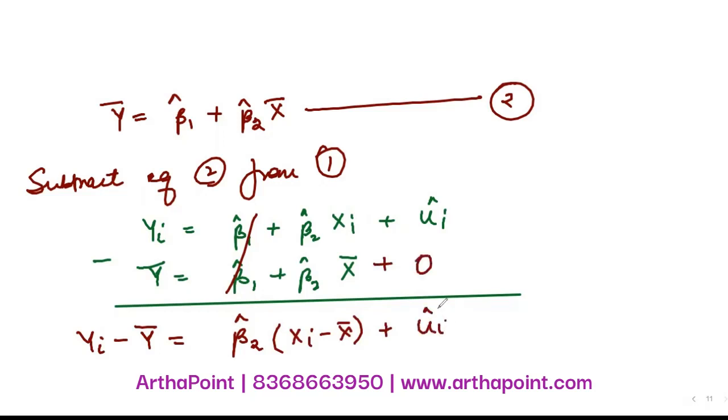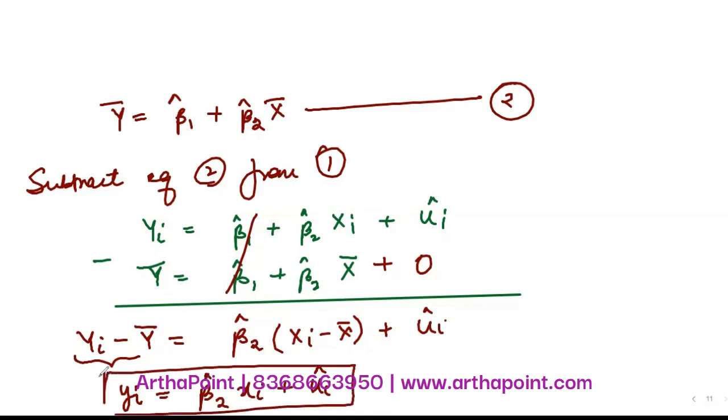Okay. Now, can I rewrite this as small yi, because this is in deviation form, is equal to beta 2 hat small xi plus ui hat? So this is called the deviation form.